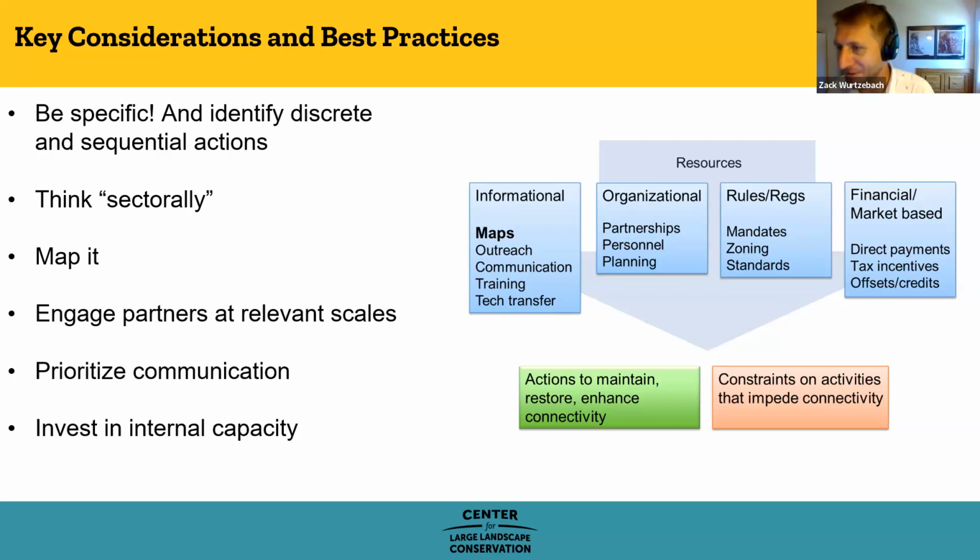And I jump into communication, but that is a really, really important thing. What we're hearing too is that communication within your staff, with other agencies, and with the public is fundamentally important for raising awareness of connectivity and what you can do about it. There are also some great process considerations. One thing we heard from a lot of states that had really good actions was that they invested in collaborative processes or workshops at landscape scales.